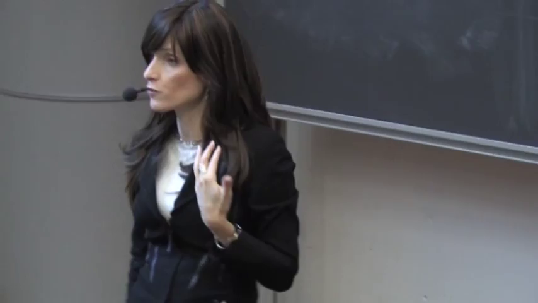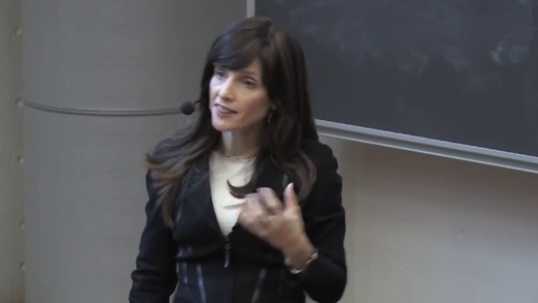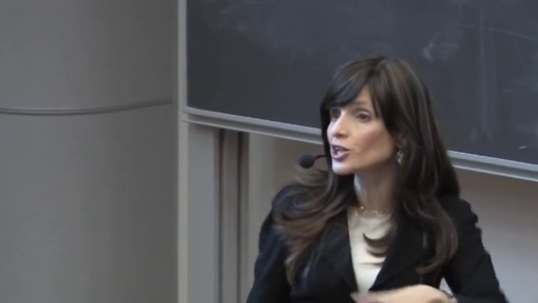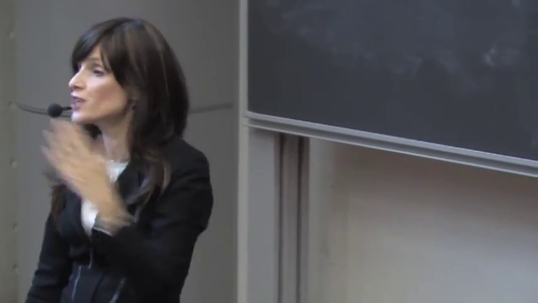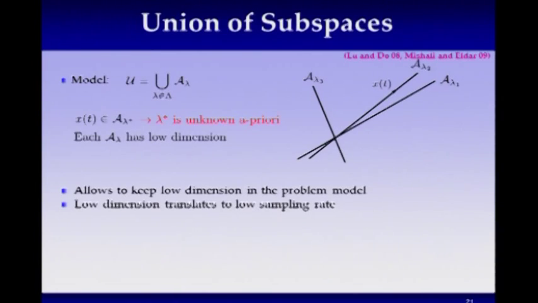So sums, which is what we're used to doing in signal processing, increase the dimension and bring us back to the Nyquist rate. Whereas the union allows us to capture this low dimensionality. The union allows us to say we're still in a low dimensional space, but now we have another parameter of uncertainty saying I just don't know which subspace I'm in. Okay, so this is really key because everything else is going to be based on this. So this is a good time to ask if you're not feeling comfortable with this union model. Any questions?